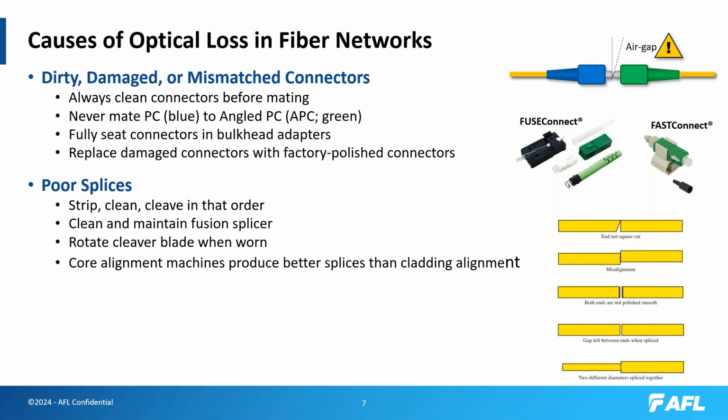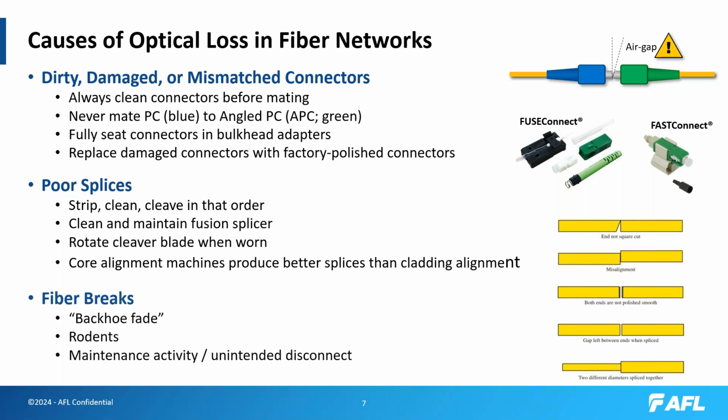And then splice alignment. Core alignment machines produce better splices than cladding alignment. Cladding alignment works on the outer diameter of the fiber, whereas core alignment actually images the core through the center of that fiber and does the best alignment based on the core.